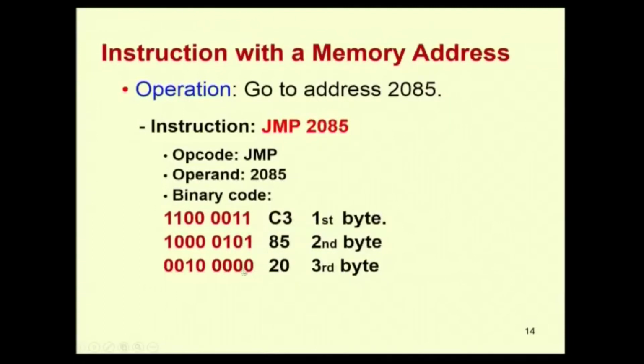What actually goes inside the memory in binary form will be one byte, then another byte and another byte. This is the final thing which the microprocessor will take, and then it will decode and perform this jump operation.